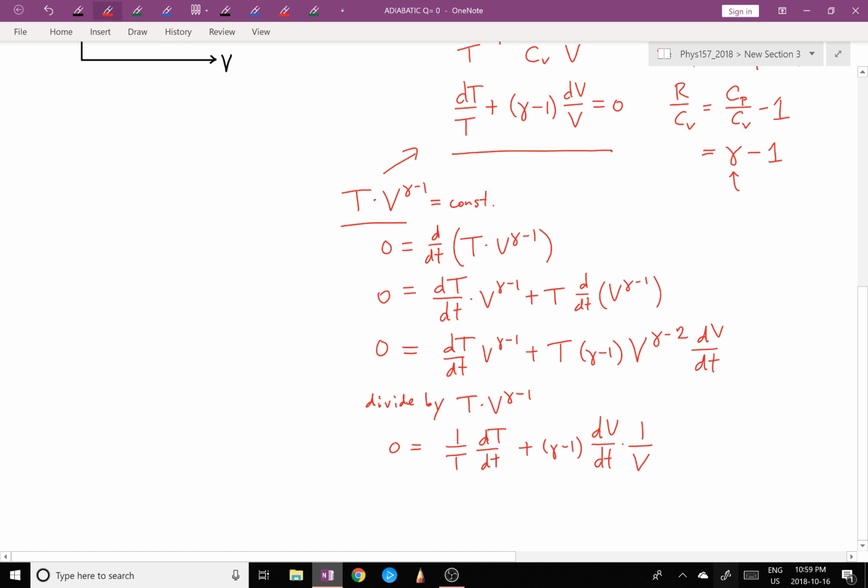And all I have to do now is just multiply through by this infinitesimal change in time dt. So we've got an equation now that relates the rates of change of volume and temperature.